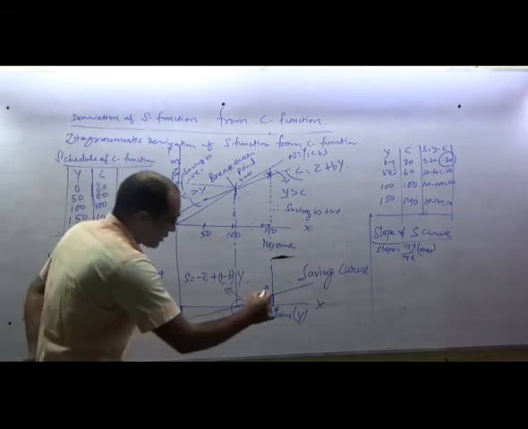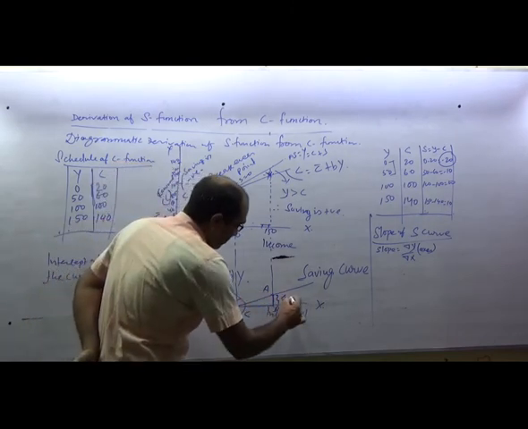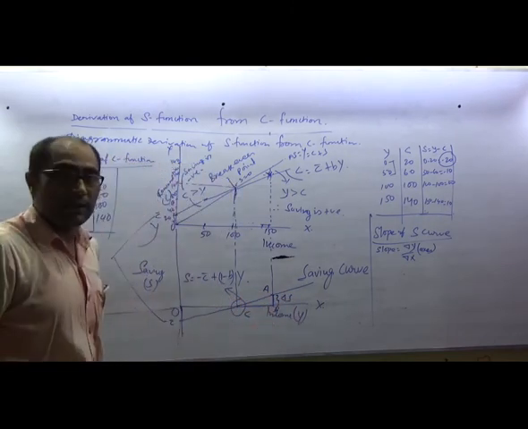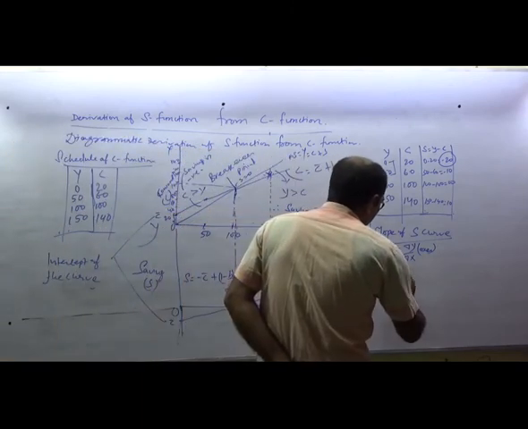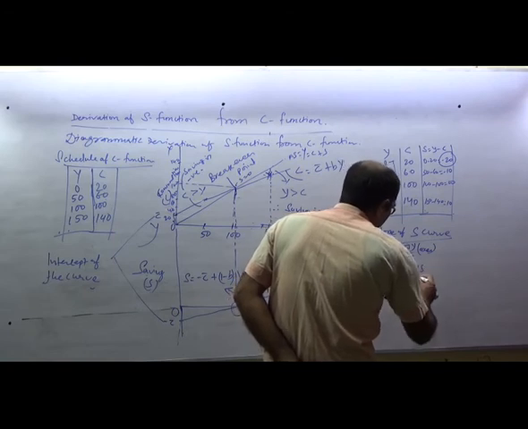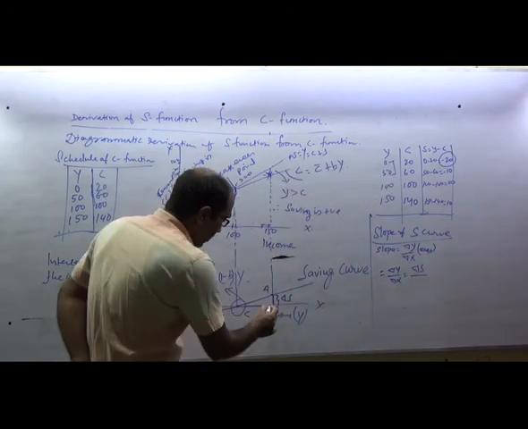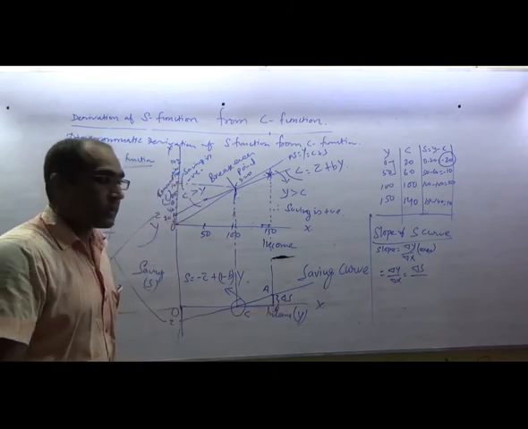So here the change in y-axis is equal to change in S, delta S, change in saving. So slope equals delta y upon delta x, equals delta S upon, along the x-axis we are plotting the value of income.